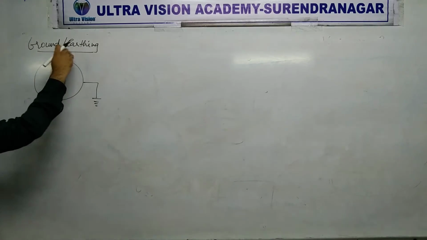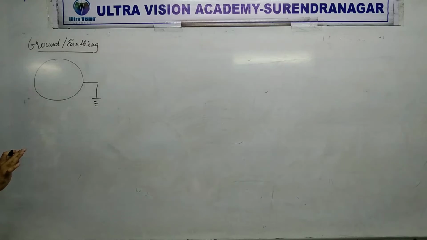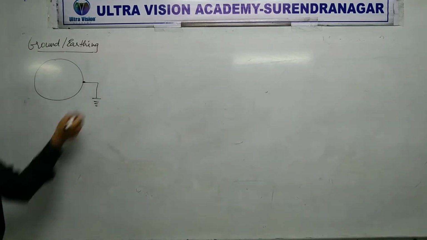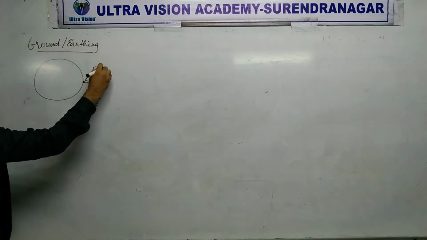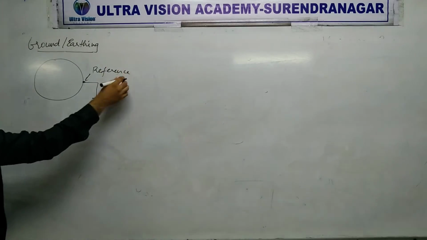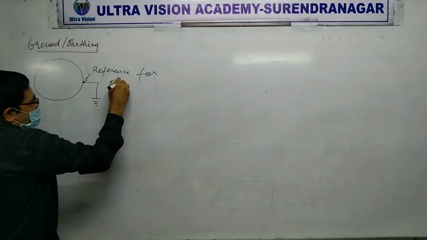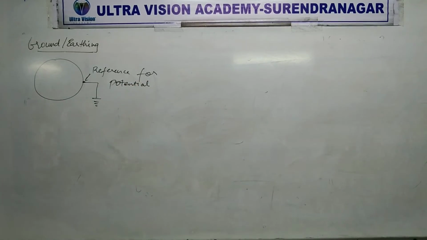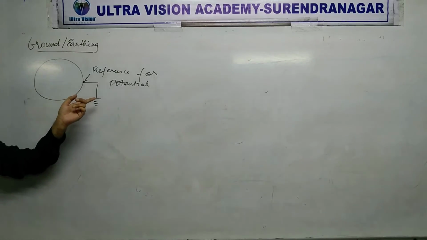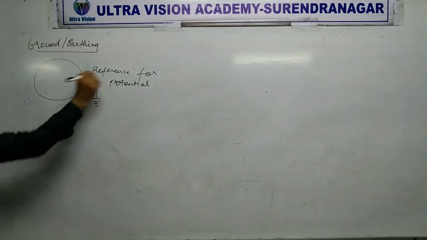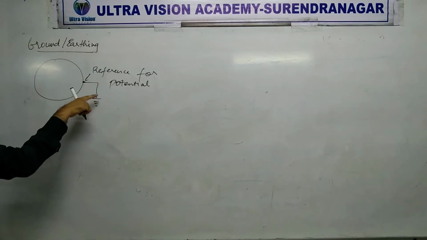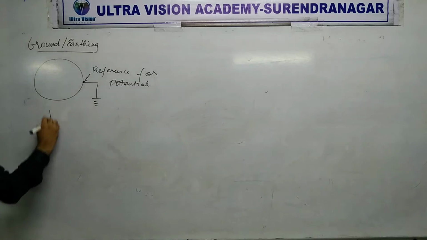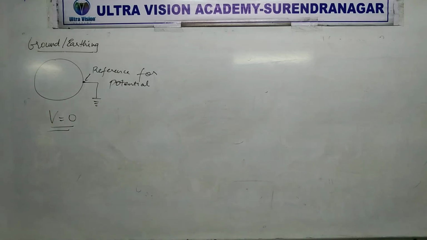Often we take the ground as the reference. It means this point will be considered as the reference for potential. Do you remember potential as a reference? Its value is not important unless you specify what the reference is. So it's a simple idea that whatever you connect with the ground will have V equal to 0.